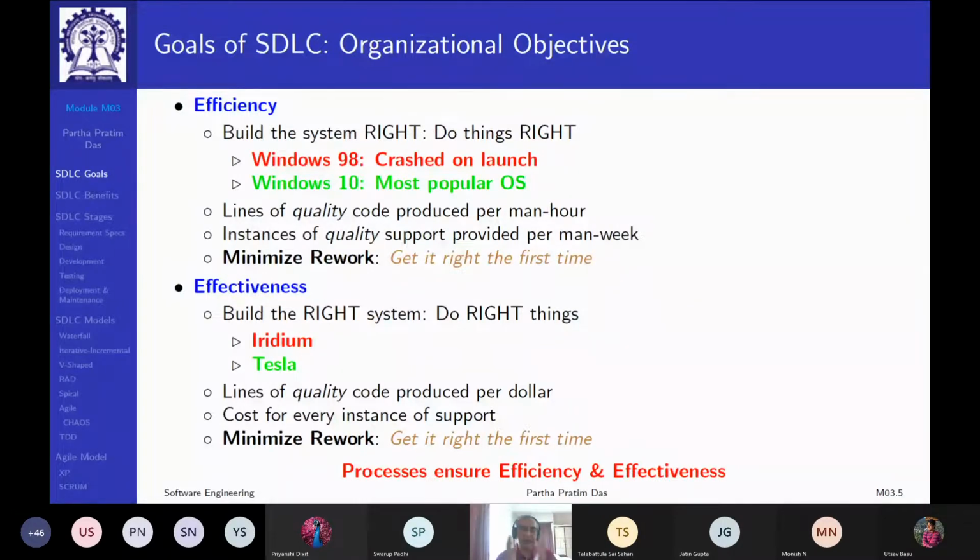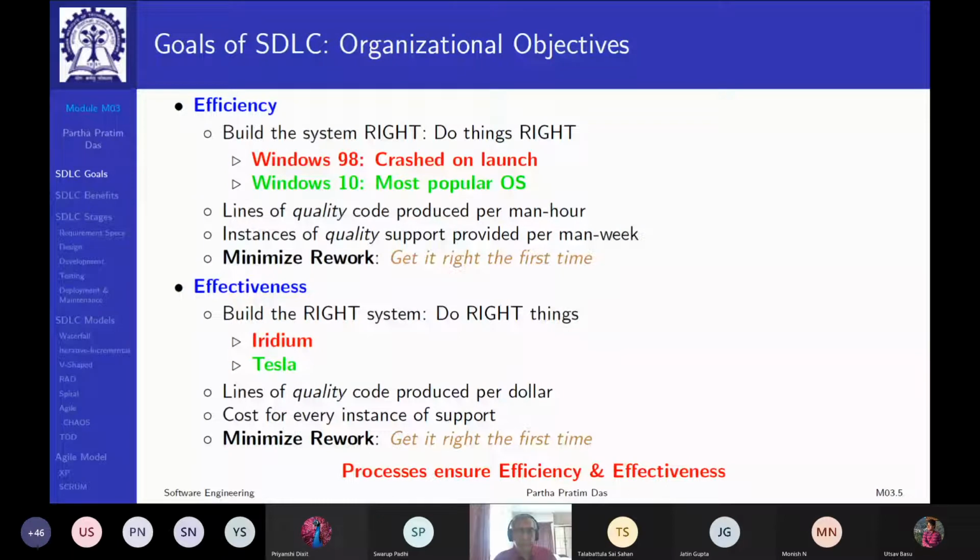There's no unique metric for this. You can also say that there are support requirements which could be just queries, user clarification, or small bugs, or ways to work around things and so on. So instances of quality support you can provide per man week is another metric of efficiency.